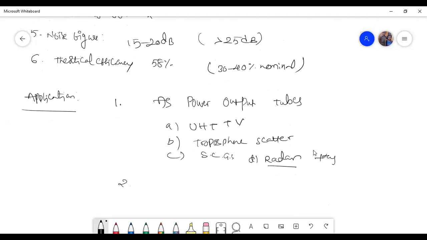And the second one is as a power oscillator. As a power oscillator, 5 to 50 gigahertz is used as a Klystron oscillator.